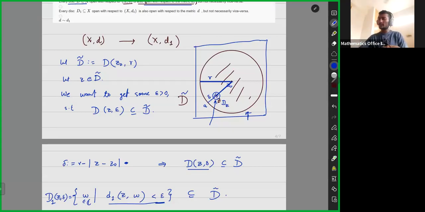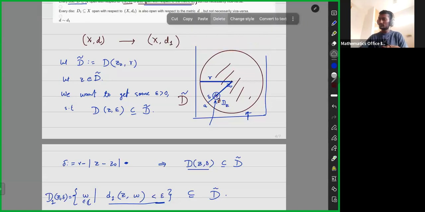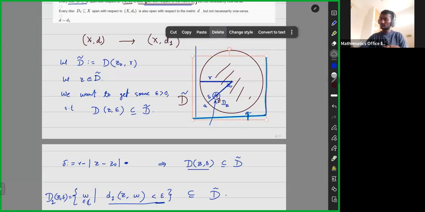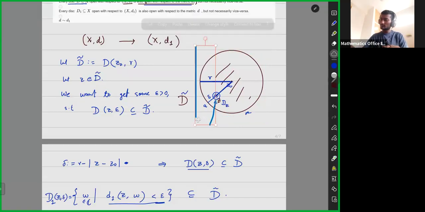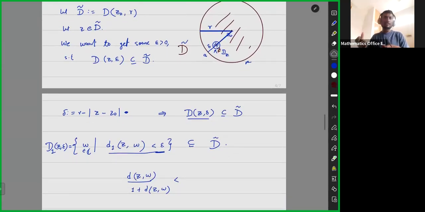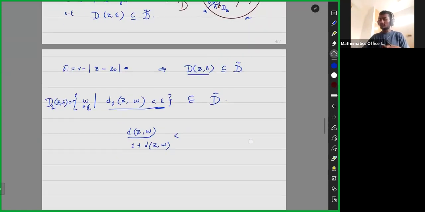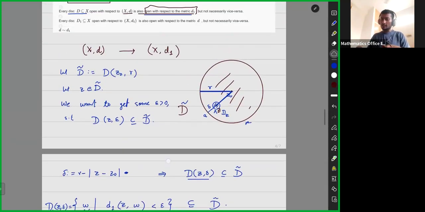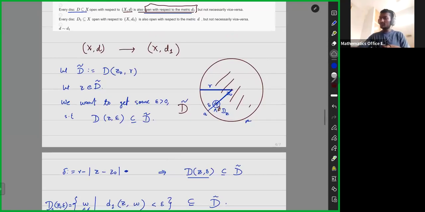Okay, understood? I think you understood till now. So we take a ball with respect to D, and we want to show it is open with respect to D1. That is all we are doing. So how did I start? We consider this ball.